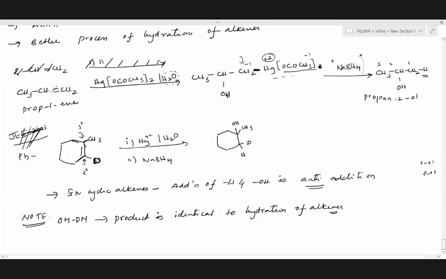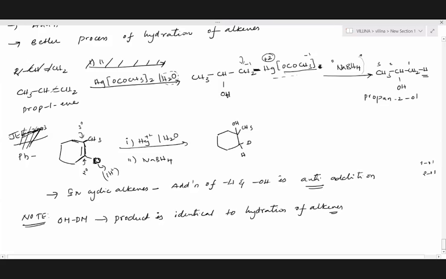One carbon, second carbon, third carbon. This is tertiary. This is first carbon and this is second carbon. Only two carbons, so it is secondary. Got it? This is D, not any other group. This is just deuterium isotope, 1H2, hydrogen isotope, deuterium. That's it. Okay. So this is about the hydration reaction.